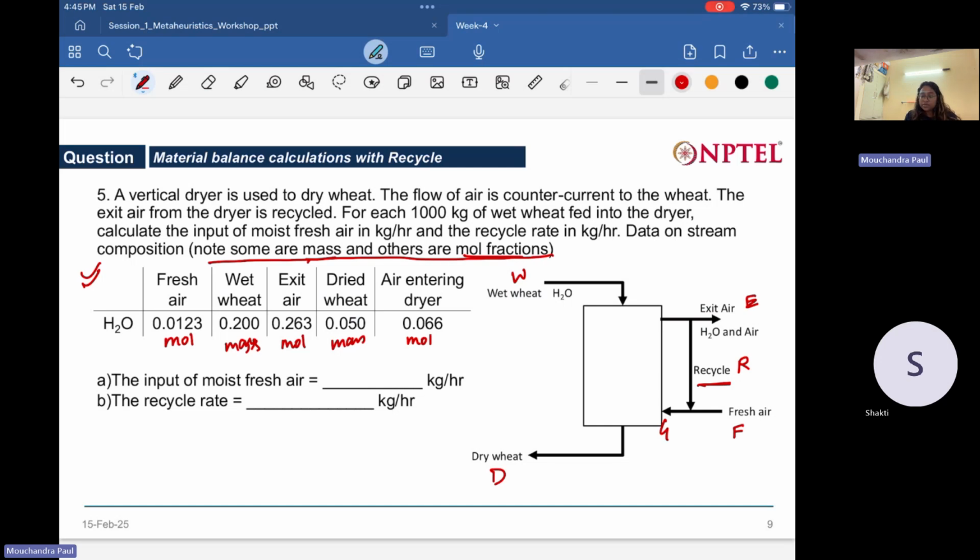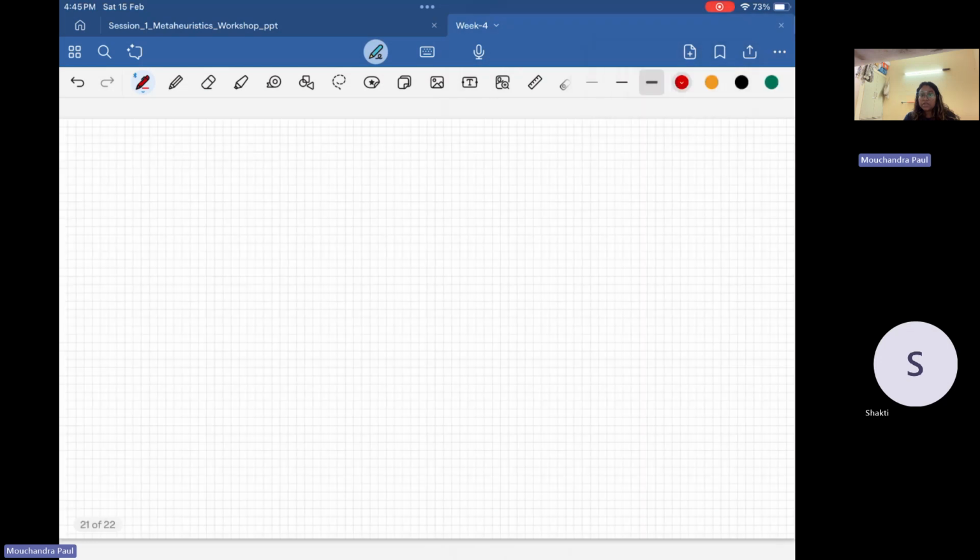But all the calculations have to be done in the same units. You have to consider either all mass fractions or all mole fractions. You cannot mix and match the units. So what we'll do first, we will convert all the mole fractions that are given for the air components into mass fractions.